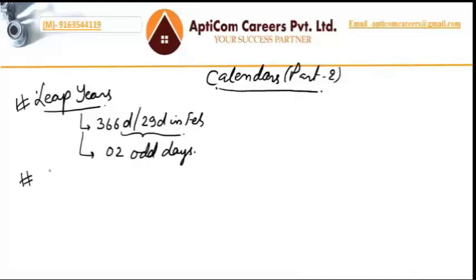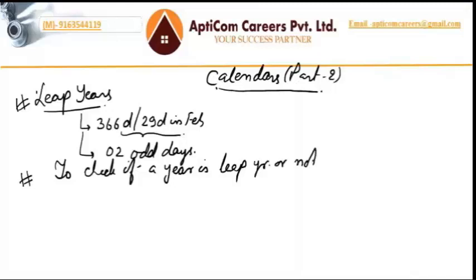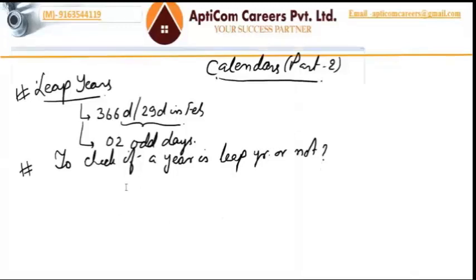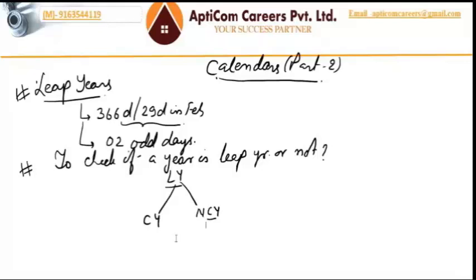So write down: to check if a year is a leap year or not. In order to find this, for any given year we should check whether that particular year is a century year or a non-century year.